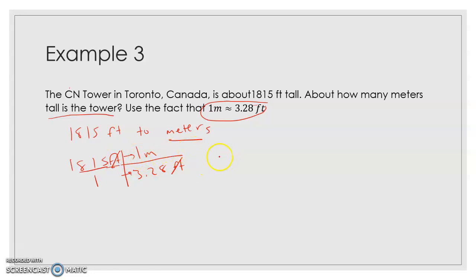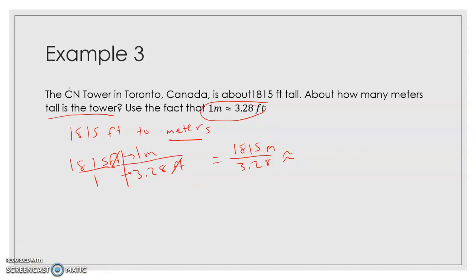And I'm going to be left with this doozy of a problem, 1,815 meters over 3 and 28/100. Well, feet are gone. We're going to change that to about. That's what it's asking. I'm going to pause and calculate this.